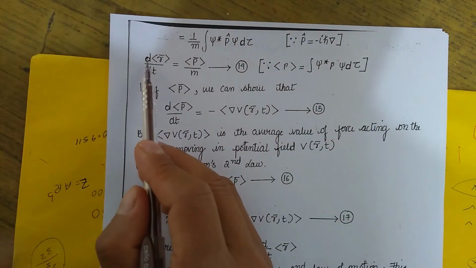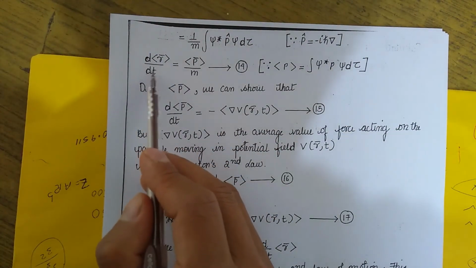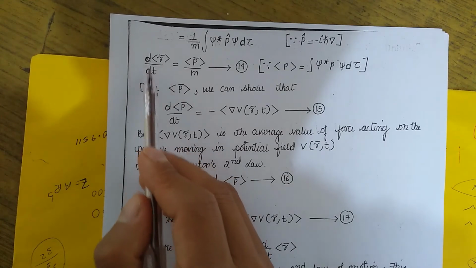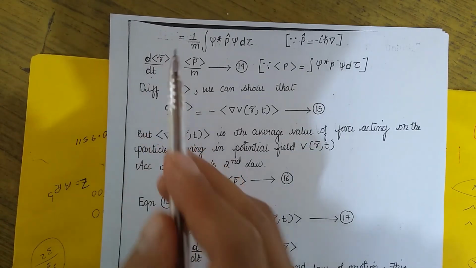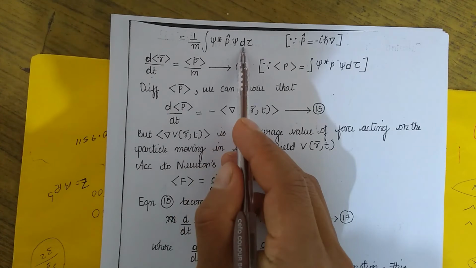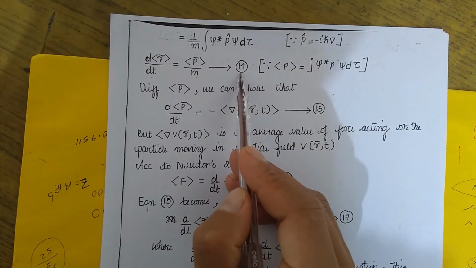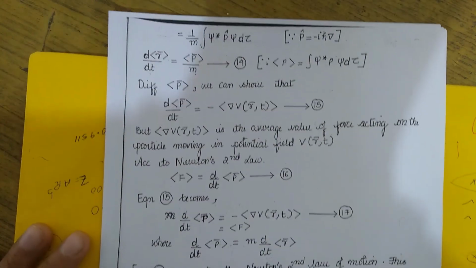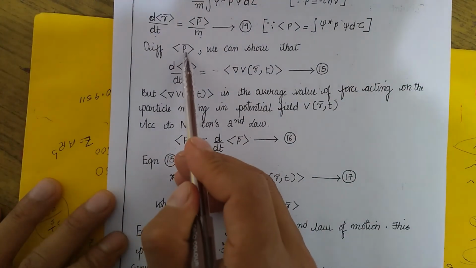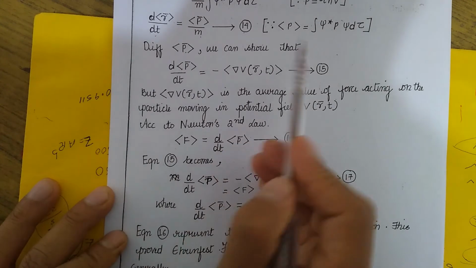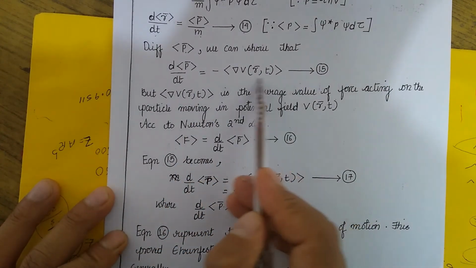So you are getting d r of dt. If you differentiate position with respect to time, this is your velocity. Here you are going to get the expectation of momentum divided by the mass. This is your equation 14. Now if we differentiate the momentum with respect to time, then we are going to get this term.